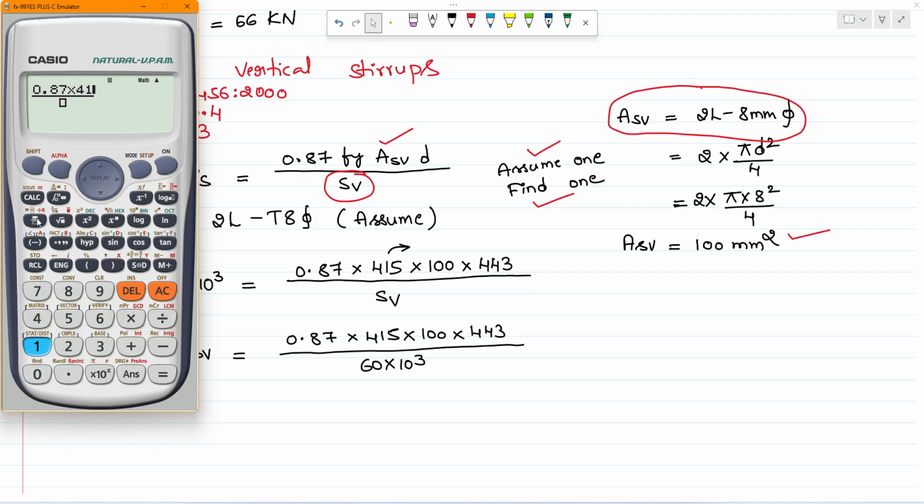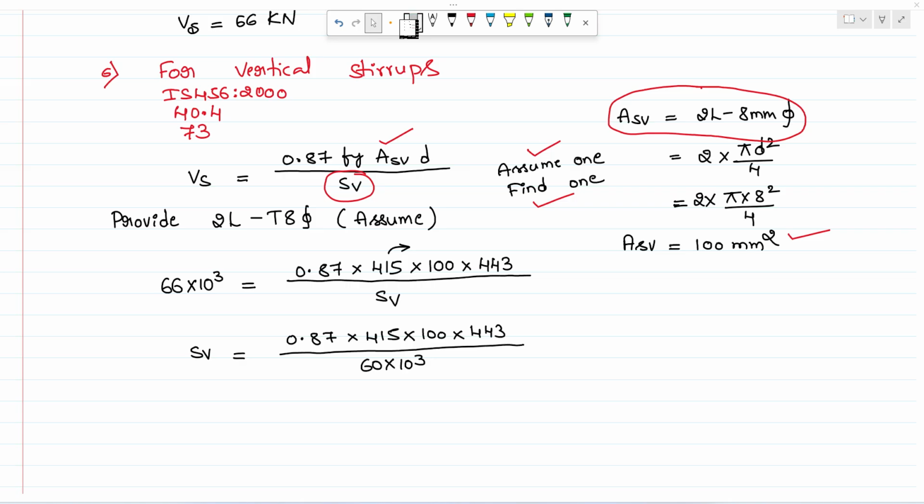0.87 multiplied by 415 multiplied by 100 multiplied by 443 divided by 60 into 10 power 3. Sorry, this is not 60, this is 66 here. I have interchanged these two terms.